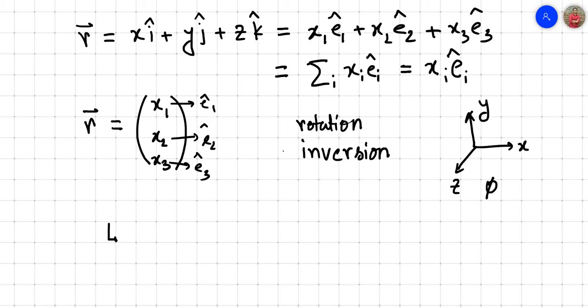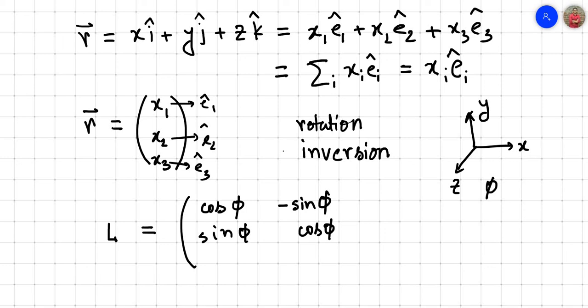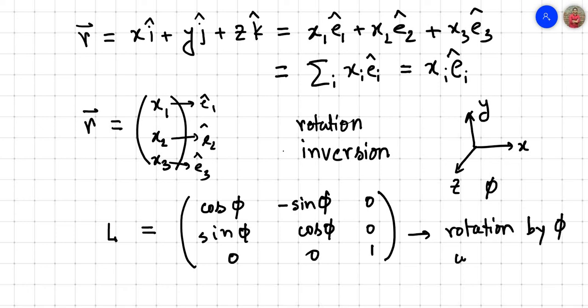Then the coordinate transformation matrix would be like this: cosine phi, minus sine phi, 0; sine phi, cosine phi, 0; 0, 0, 1. So this would denote rotation by the angle phi with respect to the axis z.